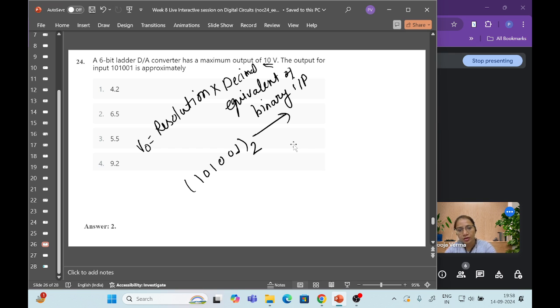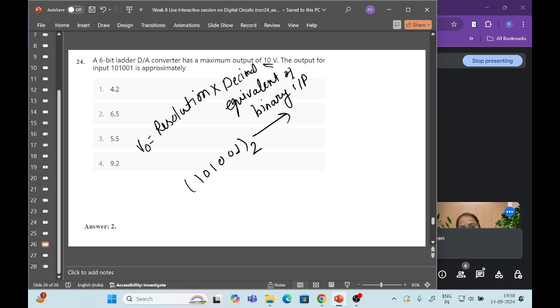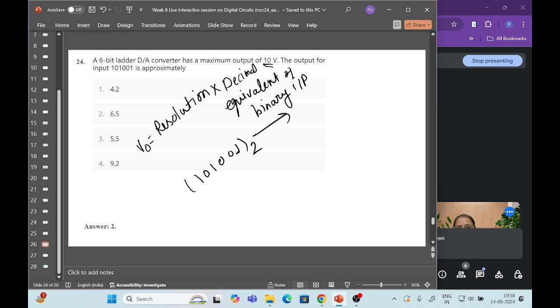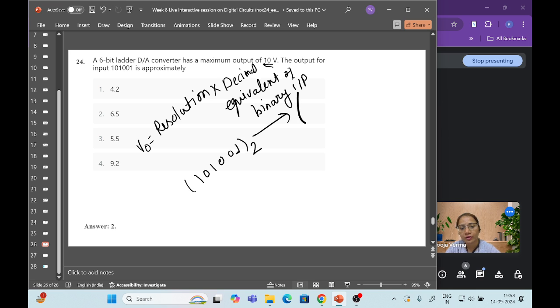If you calculate it, that is 41. Okay, so now we need to calculate the resolution.